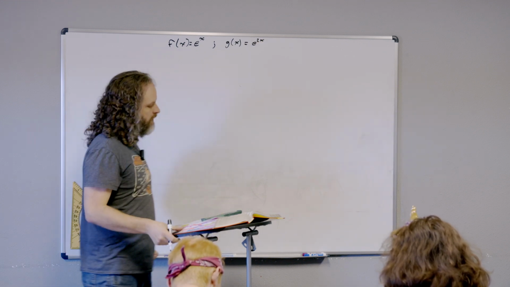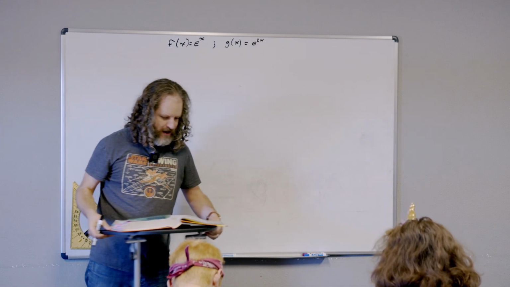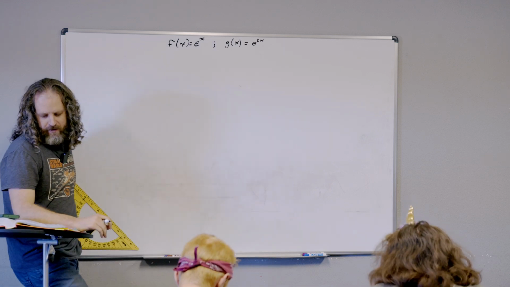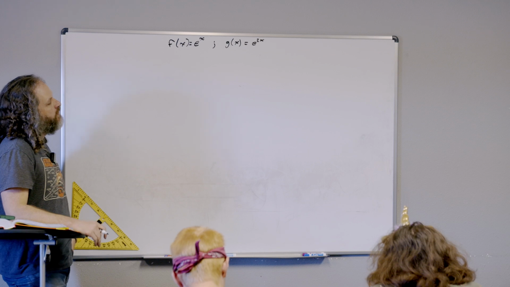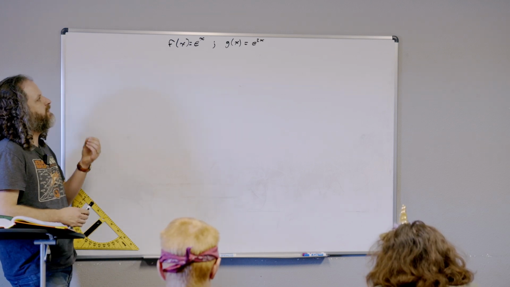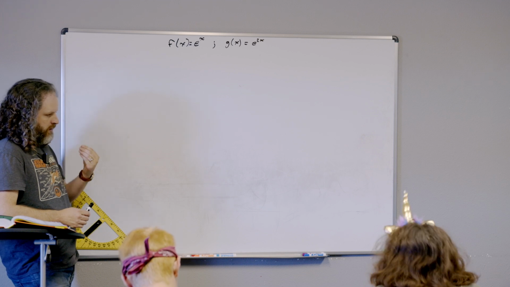Great. So we are supposed to use the graph of f of x to describe the transformation that results in the graph of g of x and sketch the graphs. To be clear, this is very important. On these transformation problems, no matter what the graph looks like, you should be able to tell me what's going to happen without the graphing calculator.